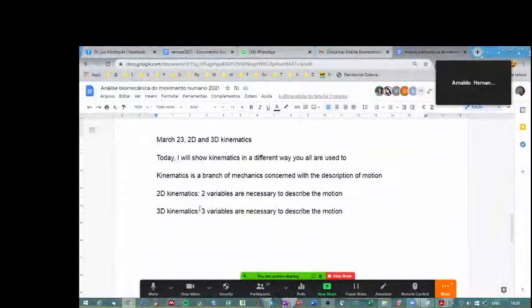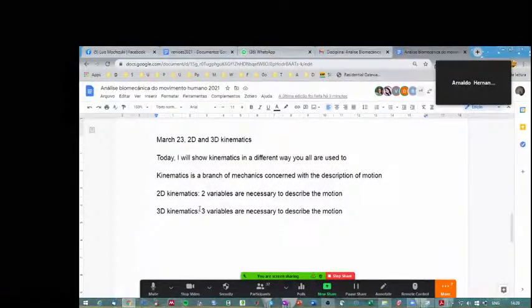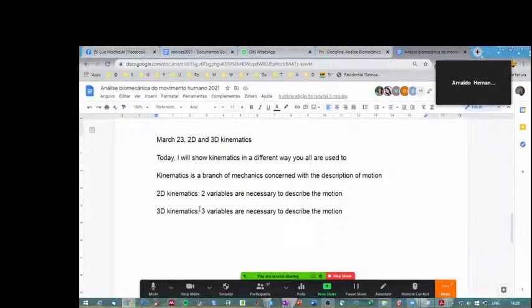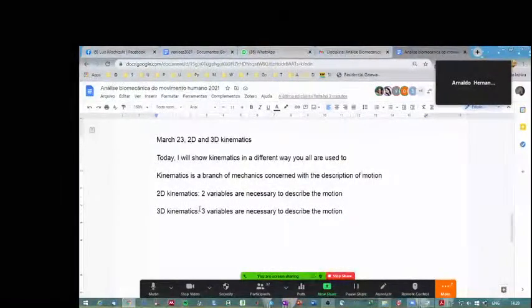So let's say São Paulo. We are thinking about two angles. We are thinking about latitude and longitude.